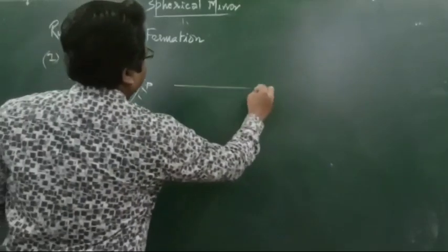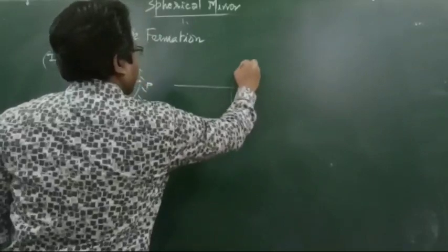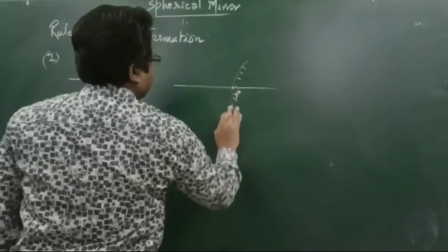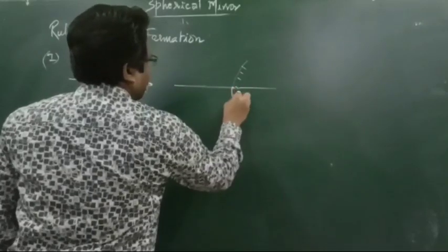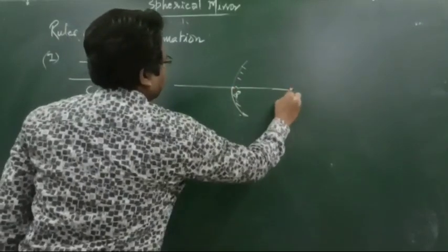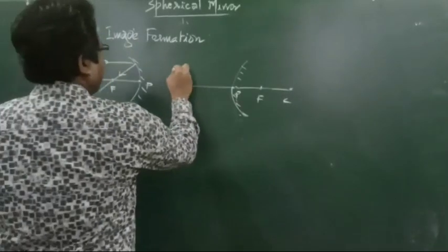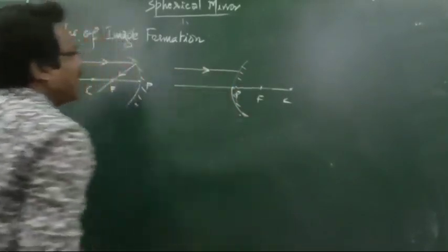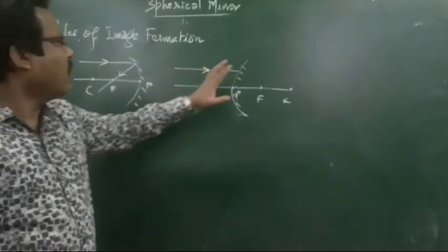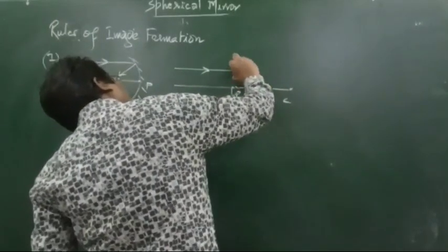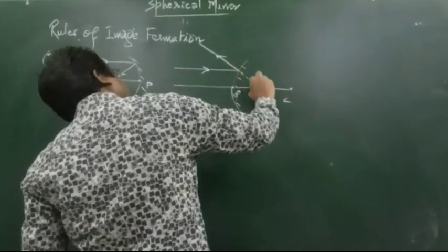Or for a convex mirror, here's a pole and here's a center and here's a focus. Now, when a ray is incident parallel to the principal axis on a convex mirror, then the ray appears to diverge from that point.